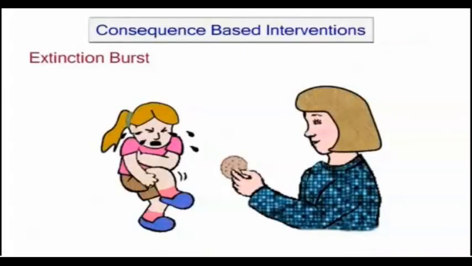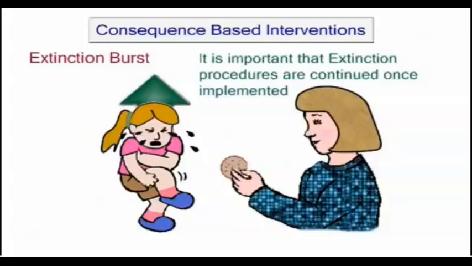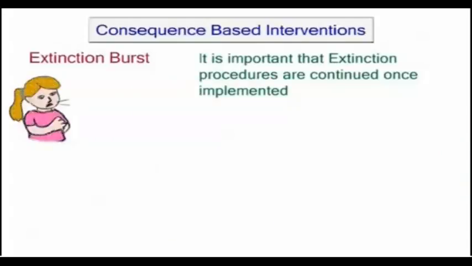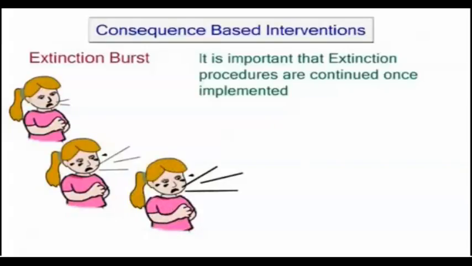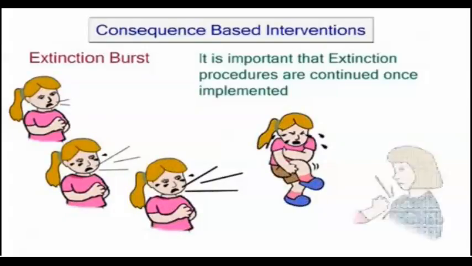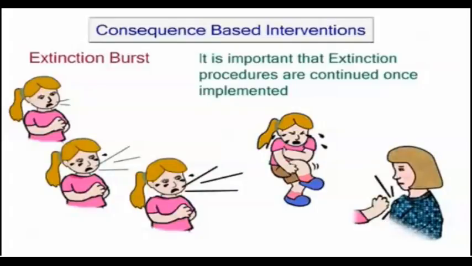However, if Jenny's mom gives her a cookie following an extinction burst, the problem behavior and any other responses that emerge during the burst are strengthened, making all of those responses more likely to occur the next time Jenny wants a cookie. This illustrates the importance of continuing extinction once it has been implemented to avoid reinforcing louder, longer, more frequent whining, screaming, jumping, crying, and hitting.